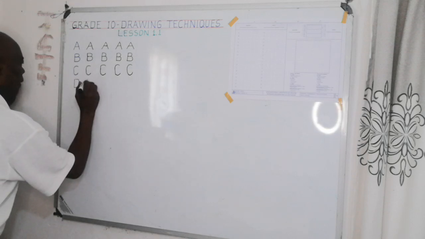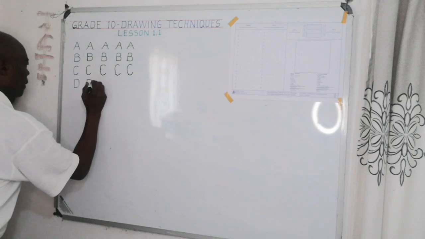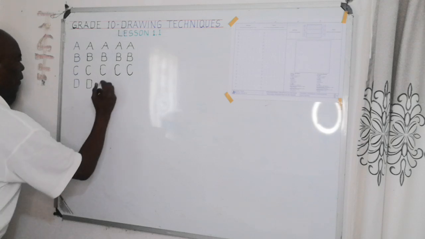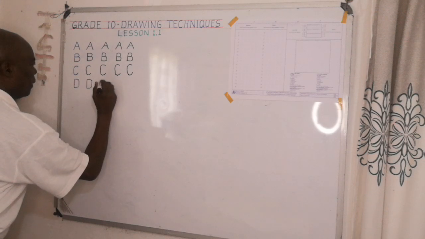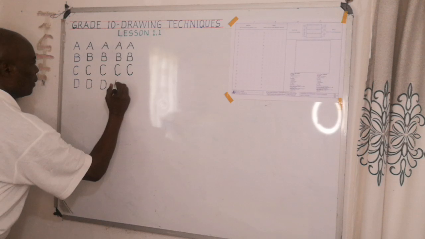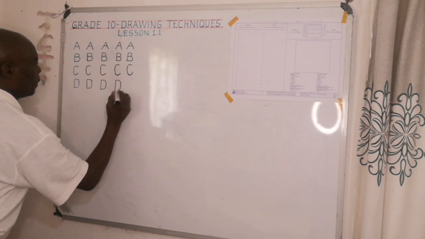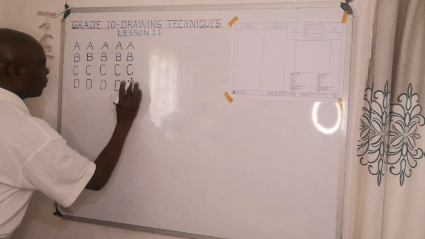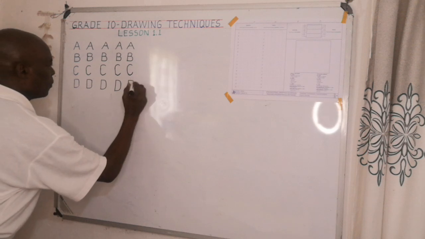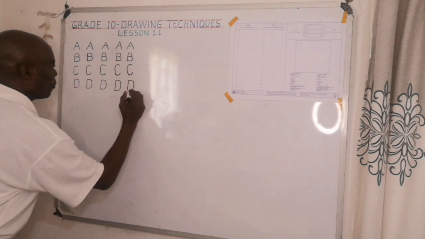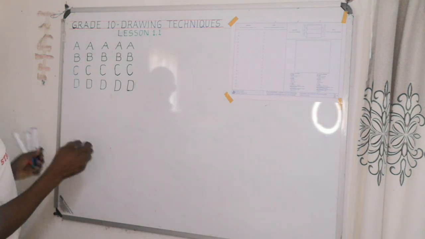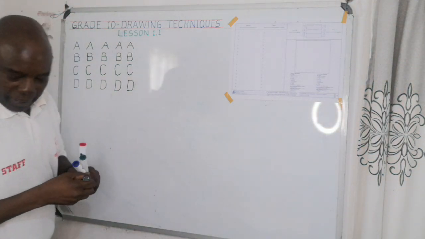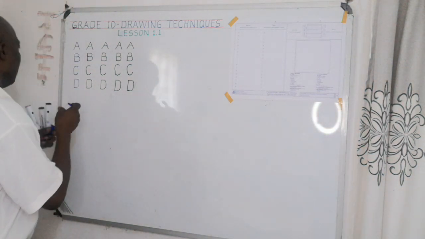Straight line. Like that. That's our D there. And then our E.